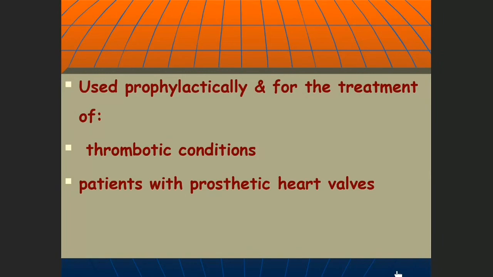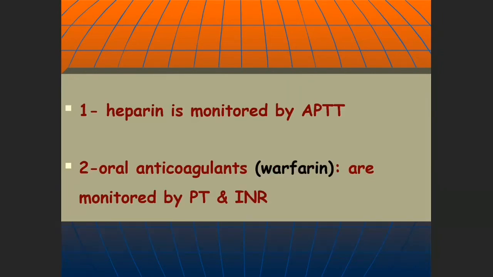How do we monitor anticoagulant therapy in the lab? Patients on anticoagulant should be monitored closely for adjusting the dose. عشان ما يحصل لهم overcoagulation and bleeding وما يحصل undercoagulation and thrombosis. They must be closely monitored by laboratory tests. If the patient is taking heparin, we follow him by APTT, activated partial thromboplastin time.